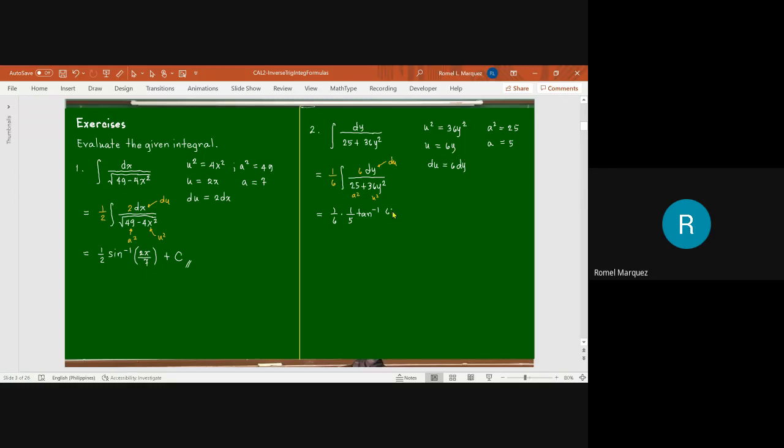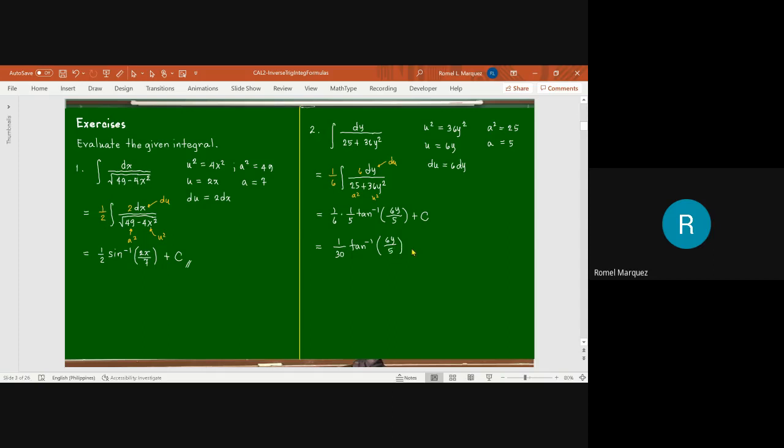What is u? It is 6y. So inverse tangent of 6y over 5, then plus c. Let's multiply the 1/6 by 1 over 5, which gives 1 over 30. So it is 1 over 30 times inverse tangent of 6y over 5.